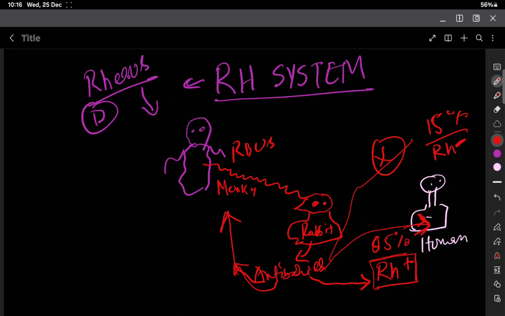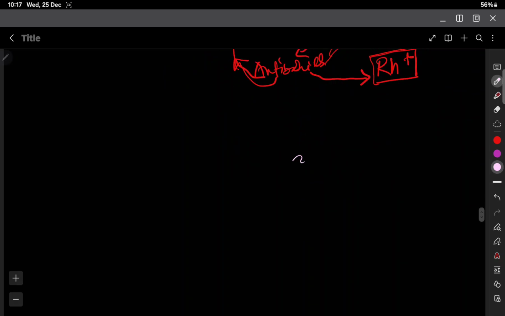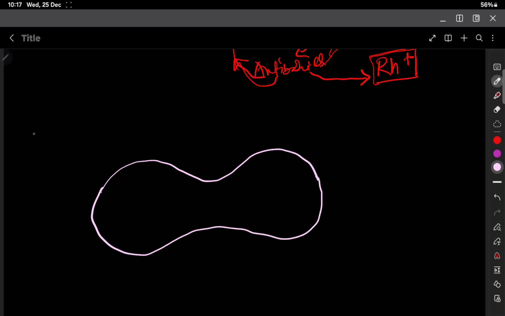Okay, now if we go to the RH system of blood grouping in detail, I will take one example. So for example, this is an RBC from the Rh positive blood of a person, Rh positive. So this is the RBC of the Rh positive person. What do we find in this RBC?